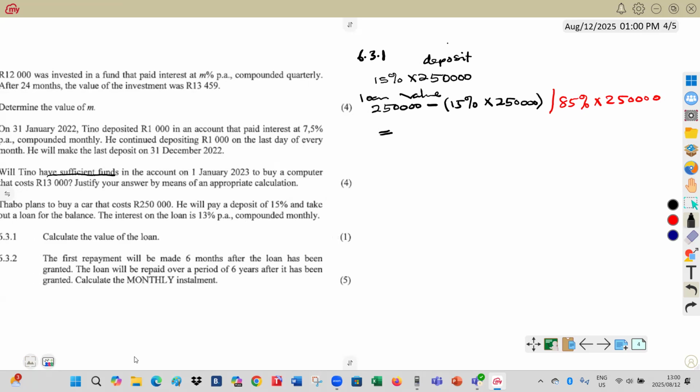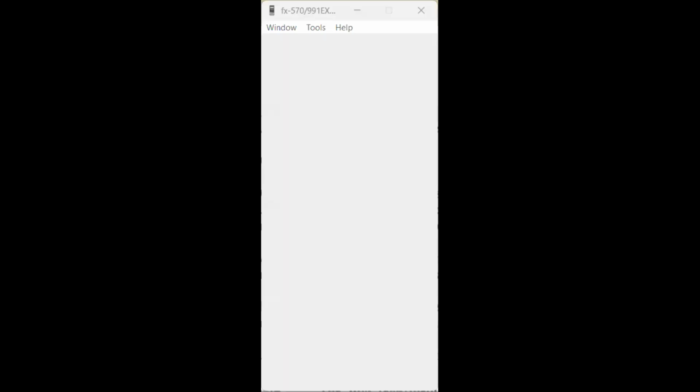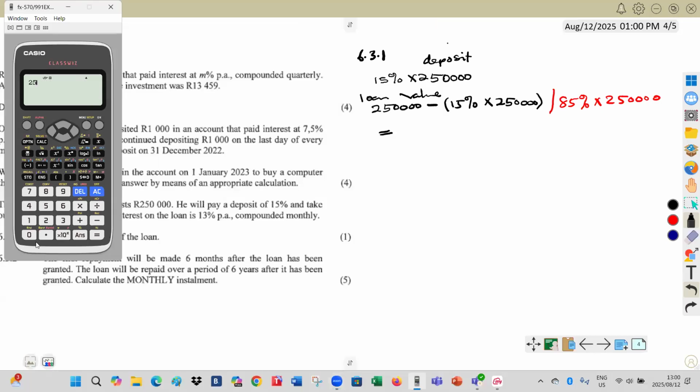So it's going to be 250,000 minus 15%. You can write it as 15% of what? 15% of 250,000.